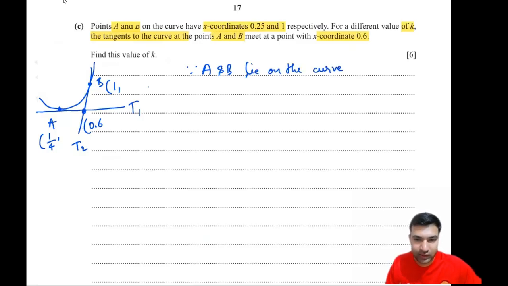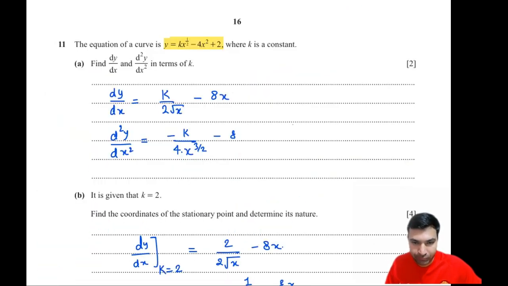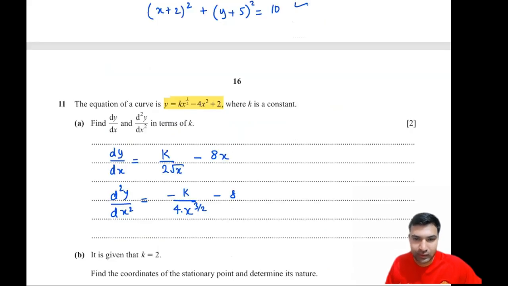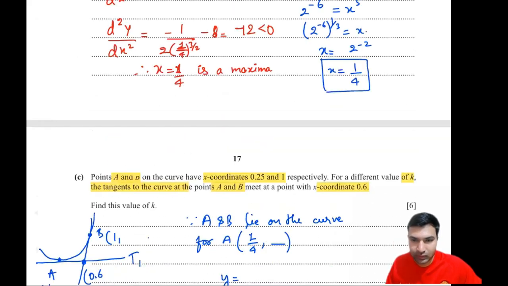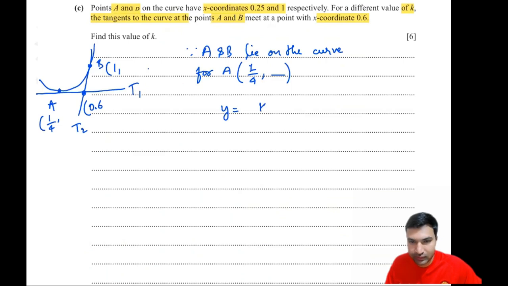the y coordinate of A would be how much? So for A, x is 1 by 4, and I need to find the y value. Y is k root x minus 4x squared plus 2. Therefore, at x equal to 1 by 4, we get k times root of 1 by 4 minus 4 times 1 by 4 whole squared plus 2.